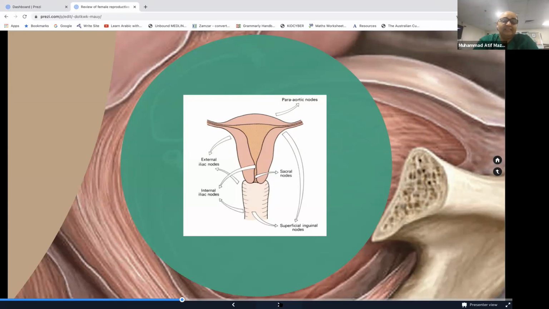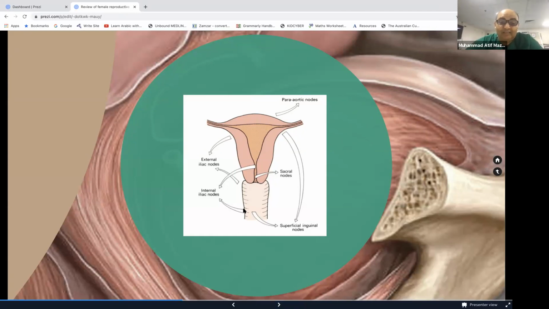To answer this, you are expected to be good with the lymphatics, because after having a tissue diagnosis of a disease like cancer, the next step is the staging of the disease.